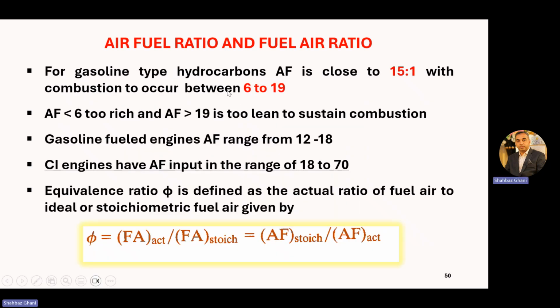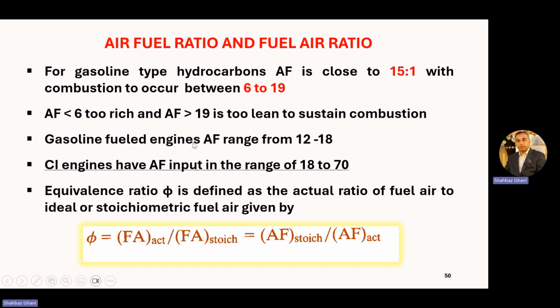For gasoline type hydrocarbon air fuel, with a compression ratio of 15:1, combustion occurs with air fuel ratio between 6 and 19. If the air fuel ratio is less than 6, we have too rich a mixture. If the air fuel ratio is greater than 19, then it is too lean to sustain combustion.